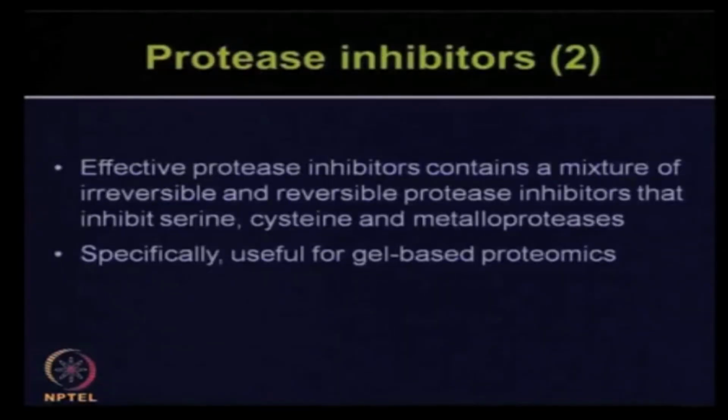The effective protease inhibitors contain a mixture of different types of inhibitors, irreversible and reversible, which inhibit serine, cysteine and different metalloproteases. This step is more important when you are preparing your samples for gel based proteomic applications.